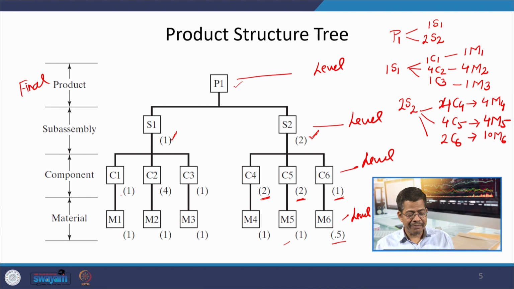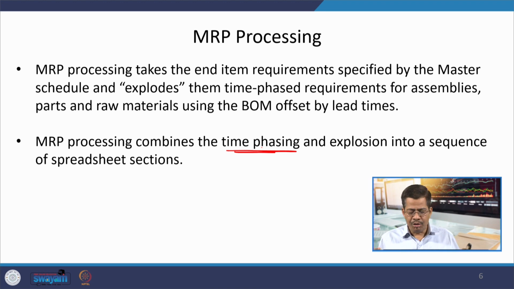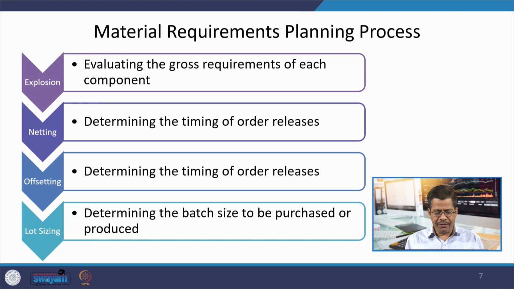And accordingly this product structure tree is a very useful way, direct way, visual way of determining this quantity. Now, the third important thing in this, the processing of MRP. For processing of MRP, we need to see the time phasing and we need to spread this over a sequence of spreadsheet sections. For example, we need to see what is the gross requirement of each component.